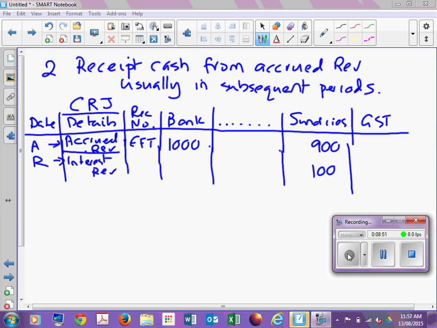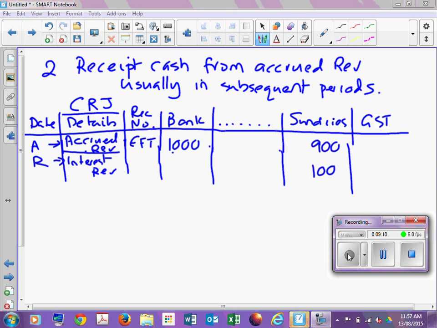Interest revenue. Okay? So the rule always is one number, pay or receive the money for the accrued first, and whatever's left over is a current revenue. Okay? The rule's always the same.